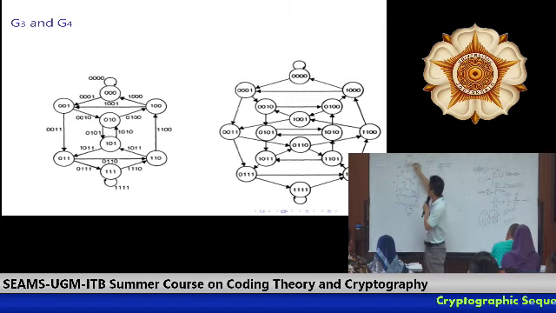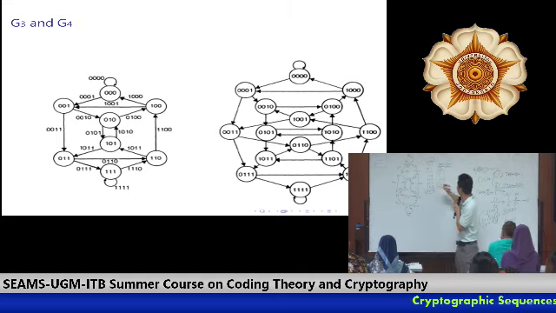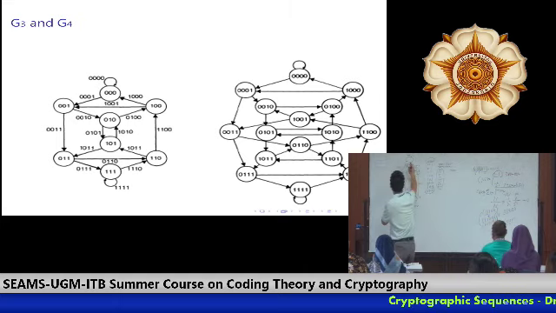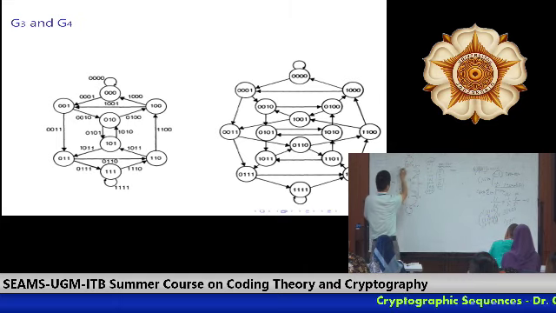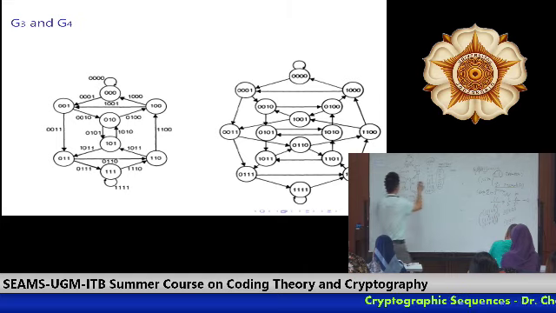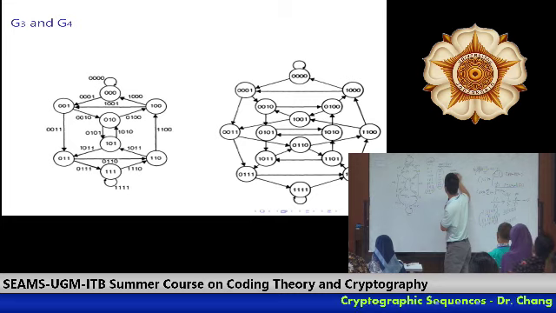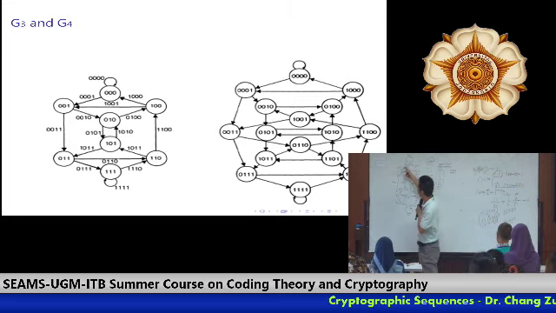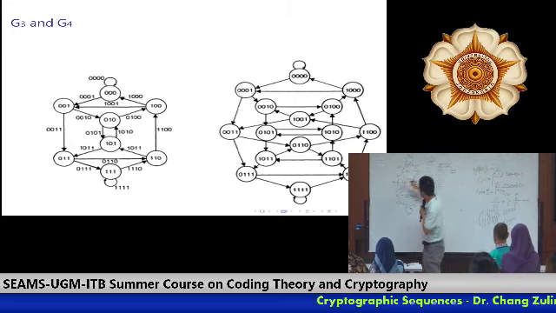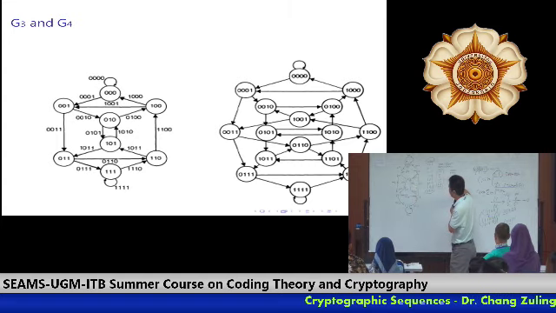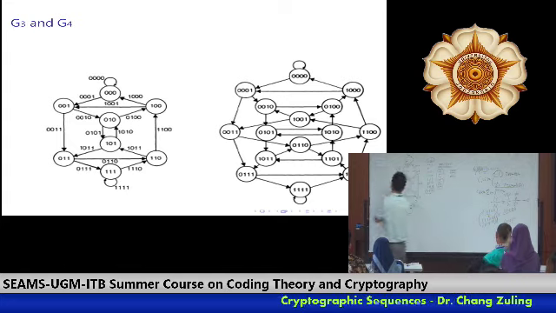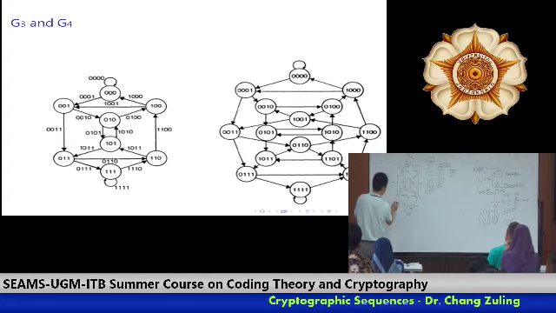Okay, we begin from this state. Take this one. The first edge is 0, 0, 0. We go outside. This edge, and this edge. 0, 0, 1, 1. Okay, we take this edge.